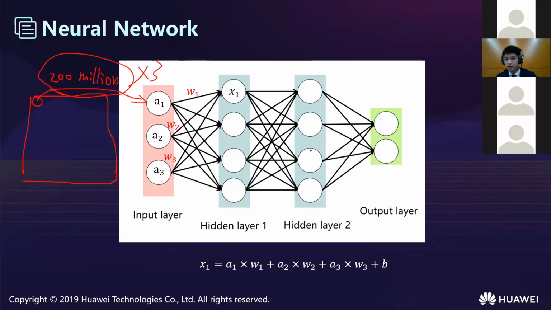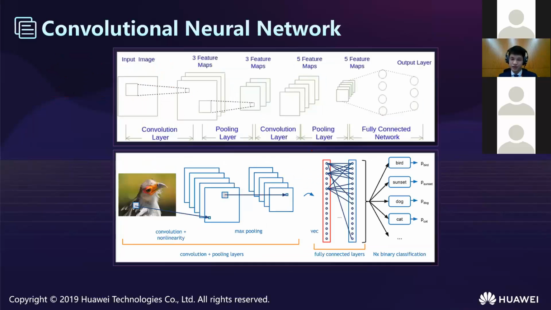Yes. So can we just reduce the number of the weights? Of course we can. We can use a convolutional neural network. So that is the convolutional neural network. And there are 3 parts. The first part is called the convolutional layer. The second part is called the pooling layer. And the third part is called the fully connected layer.